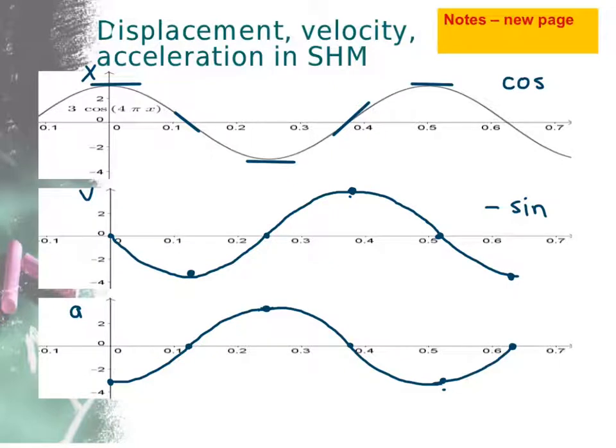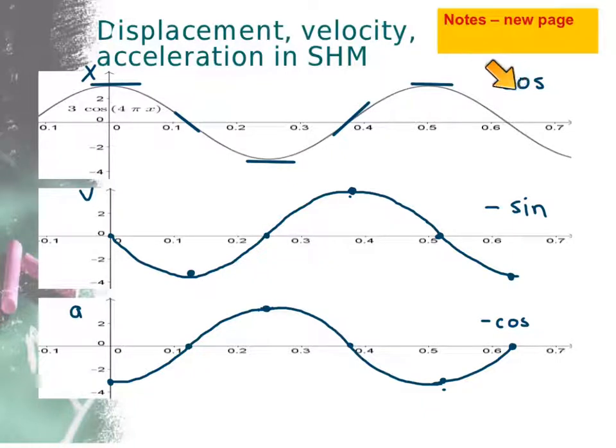As a matter of fact, that looks like a negative cosine curve. Well, that's pretty interesting. So if my displacement takes the shape of a cosine curve, my velocity is going to take the shape of a negative sine curve, and my acceleration is going to take the shape of a negative cosine curve. Interesting.